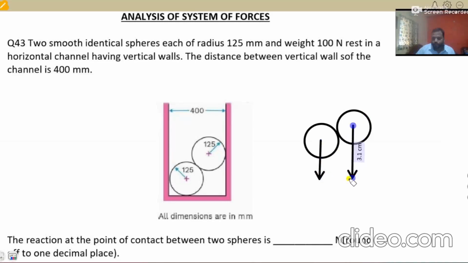In this way, two weights are plotted. What is the weight? This weight is 100 Newton, and both have the same magnitude.